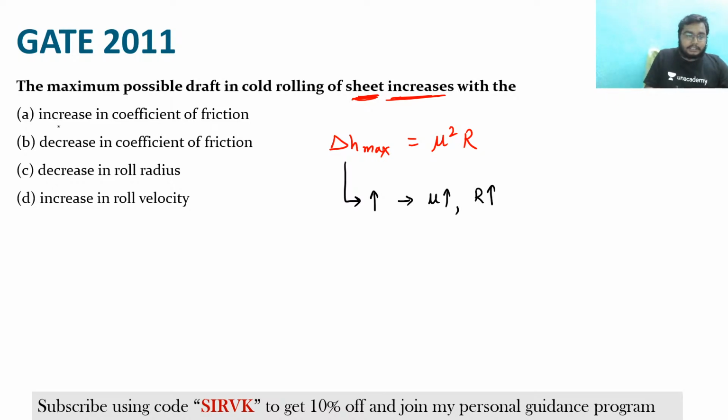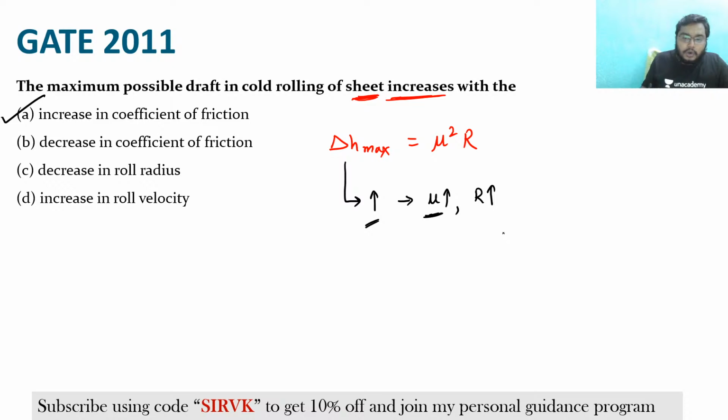Now, increase in coefficient of friction: yes, if I increase the coefficient of friction, delta H max increases. So this is definitely the correct answer. Since this is a multiple choice question, you can always go for it, but let's analyze the other options also.